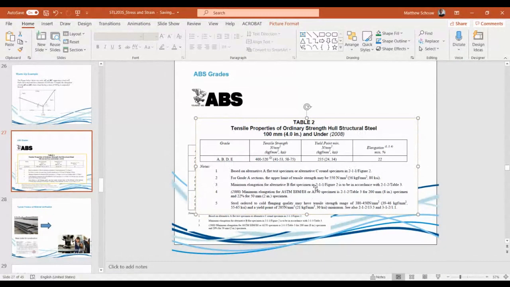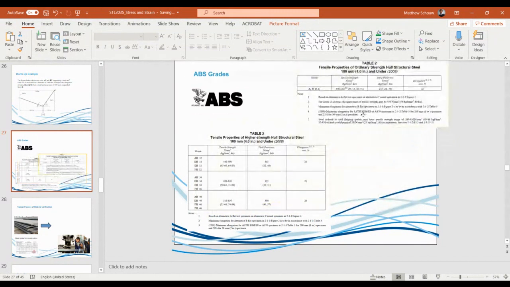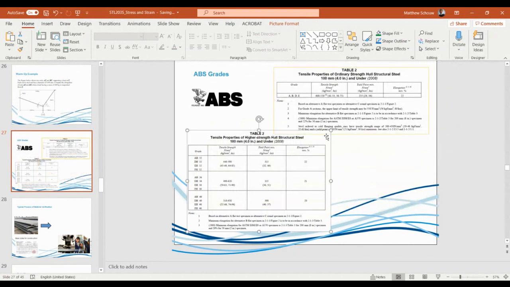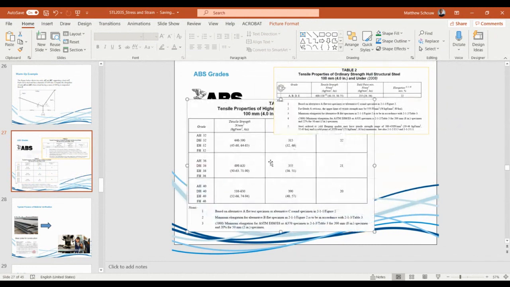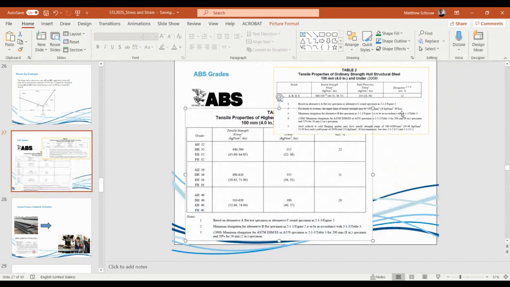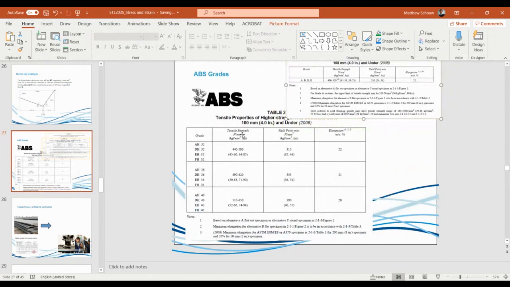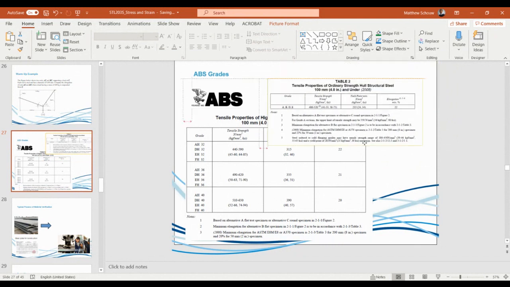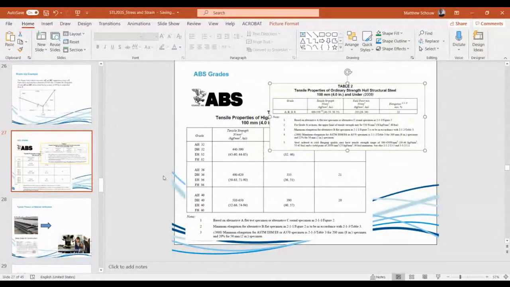So you're going to have to look at the table, and this is where you extract the properties from. We've got the ordinary strength hull steel and the high strength hull steel, and you have different grades with different properties. Normally it's defined by tensile strength, UTS, yield stress, and elongation. That's basically the point of that.